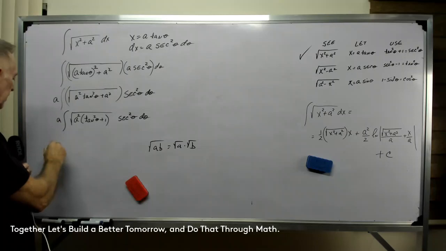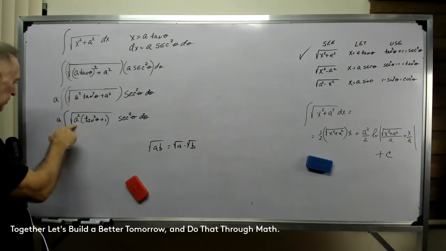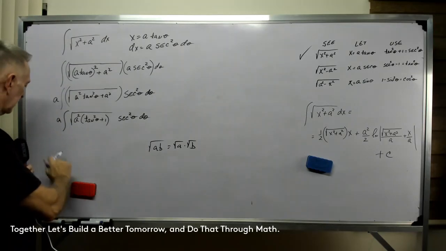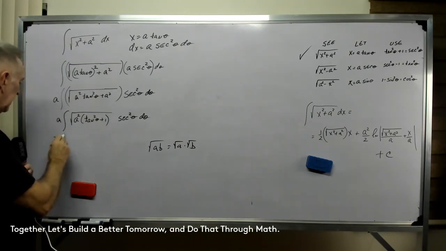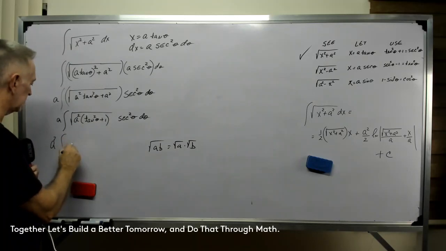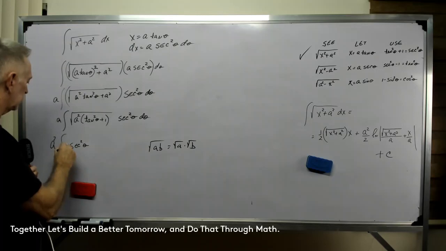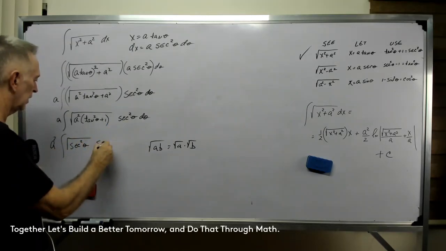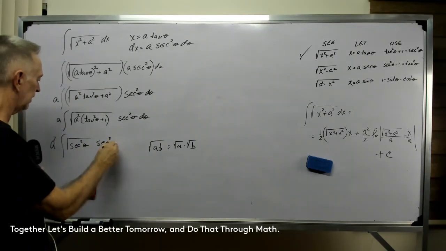So now I have a times a, this a and that a, which gives me a squared outside times the integral. Tangent squared plus 1 is secant squared, so that's still under the radical, times the secant squared theta d theta.